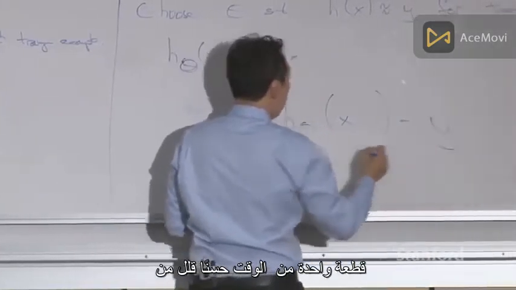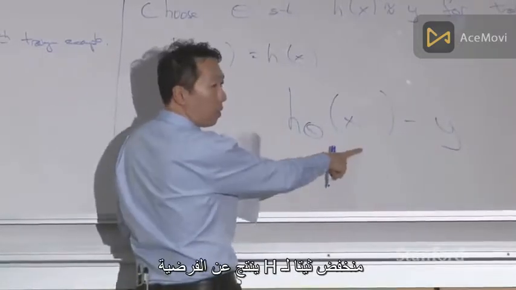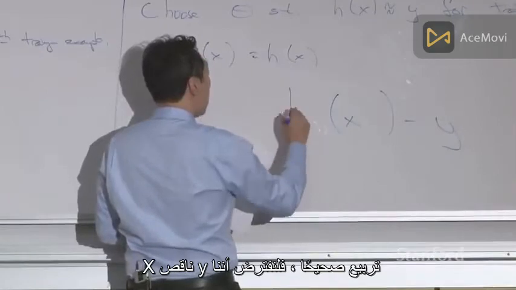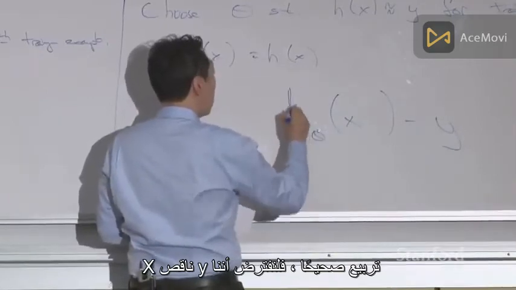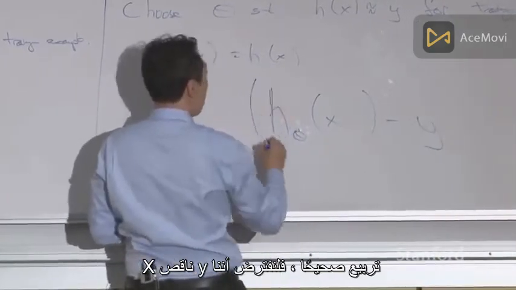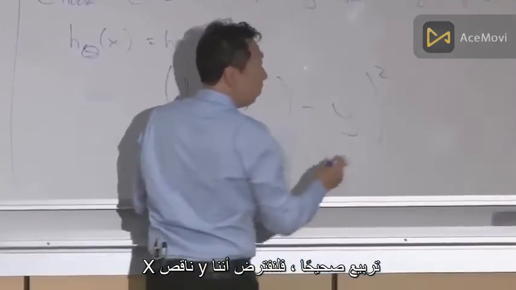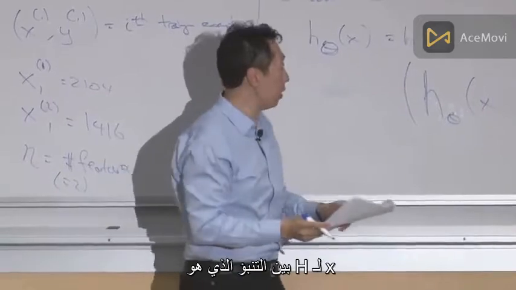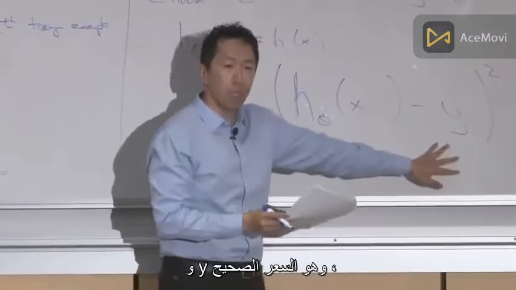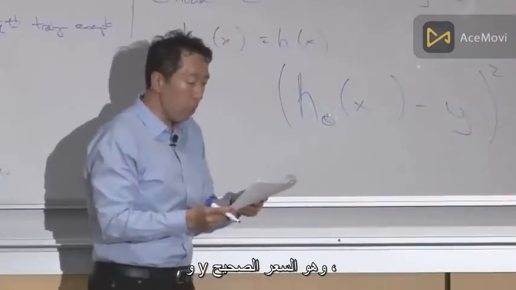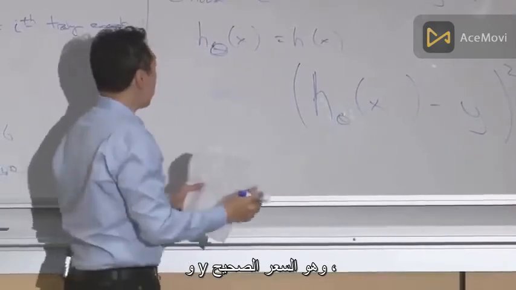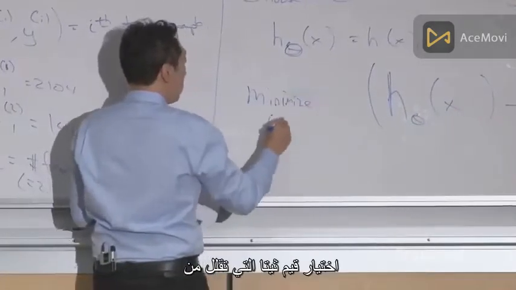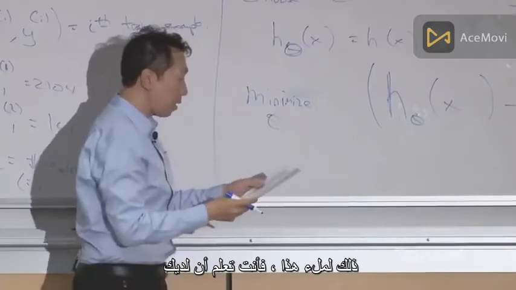Minimize the squared difference between what the hypothesis outputs, h subscript theta of x, minus y, squared, right? So let's say we want to minimize the squared difference between the prediction, which is h of x, and y, which is the correct price. And so what we want to do is choose values of theta that minimize that.